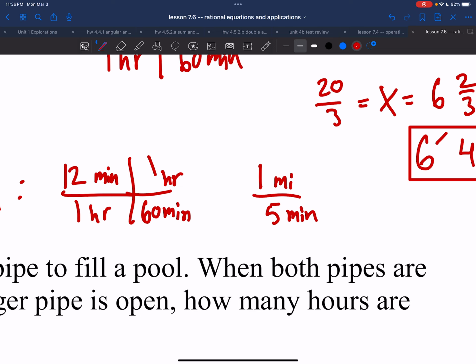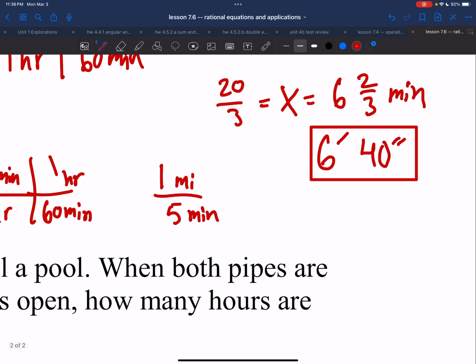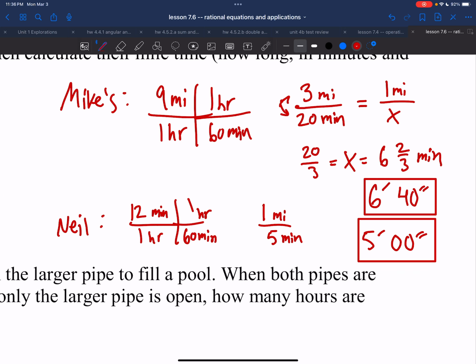But then, of course, that just tells you exactly his mile time. He can run 1 mile in 5 minutes. That means his mile time is 5 minutes, exactly. And that's for Neil. So Neil was a little bit easier to do. And that's their mile time. 6 minutes, 40 seconds versus 5 minutes.